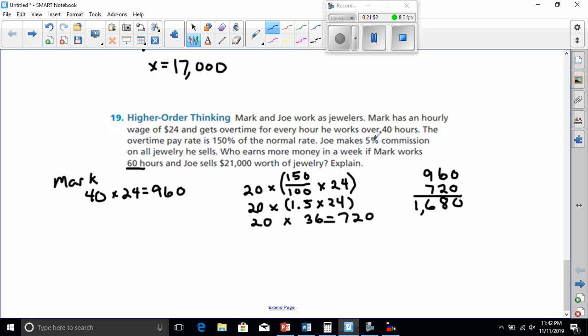Joe makes 5% commission on his jewelry, and he sold $2,100, or $21,000, excuse me. He's going to be multiplying that by 5% commission. So that's 5 out of 100.